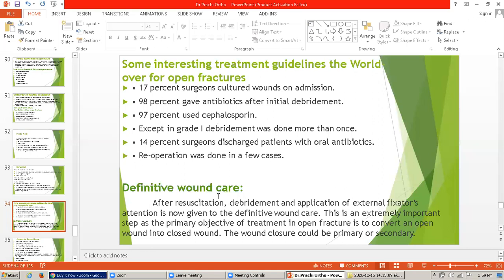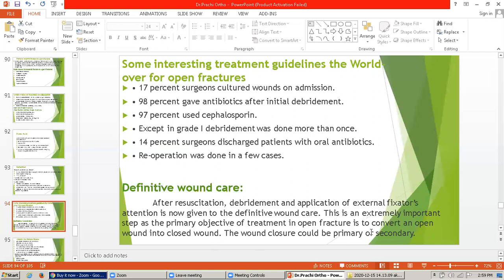So, the definitive wound care. After resuscitation, debridement and application of external fixators, attention is now given to the definitive wound care. And this is an extremely important step, as the primary object of the treatment in open fracture is to convert an open wound into a closed wound, and the wound closure could be primary or secondary.